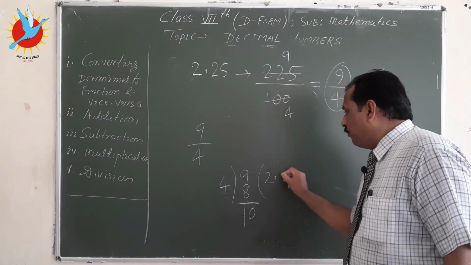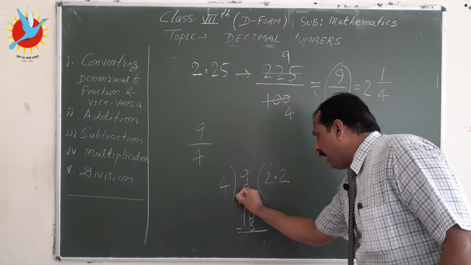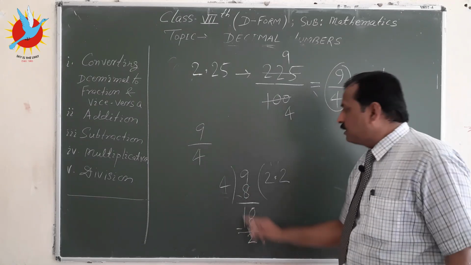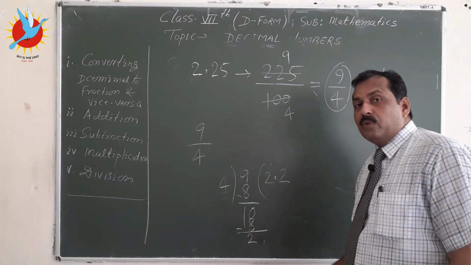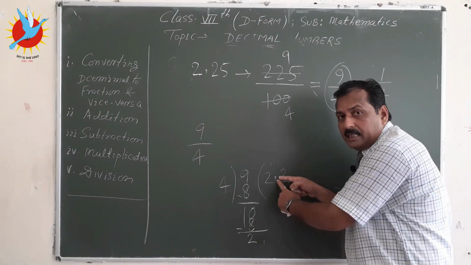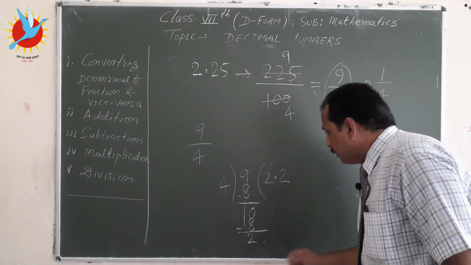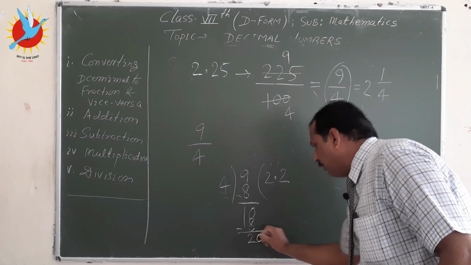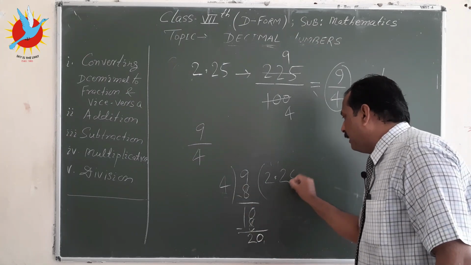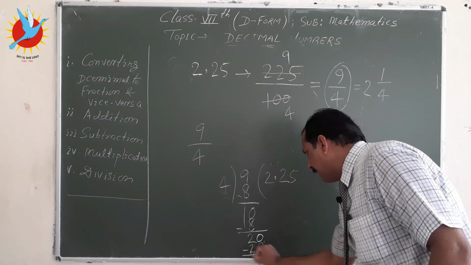This is 0, 4 twos are 8 and this is 2, and this 2 is also less than 4, we need 1 0. So I told you, after putting the decimal, the rule is that we can get 1 0 whenever we need. So this 0 will be available, and then 4 fives are 20, and this is subtracted, cancel.